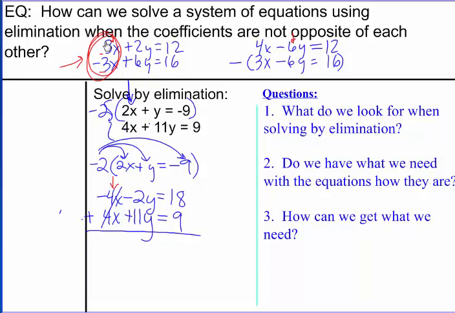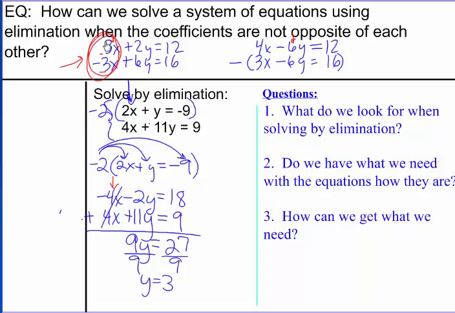Negative 2y plus positive 11y gives us a positive 9y. And you have 18 plus 9, which gives us 27. Divide both sides by 9, you get y equals 3. Once you get one or both of the equations so that you have the opposite coefficient for one of your variables, the rest of the process is exactly what we did in the last lesson.